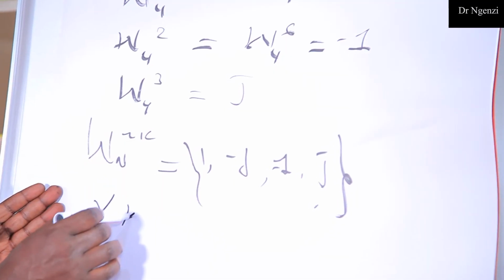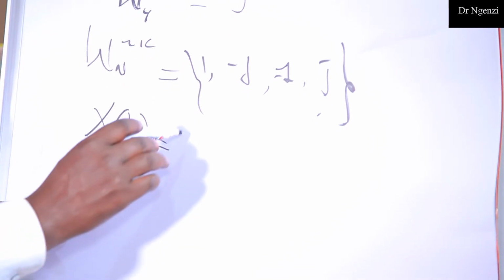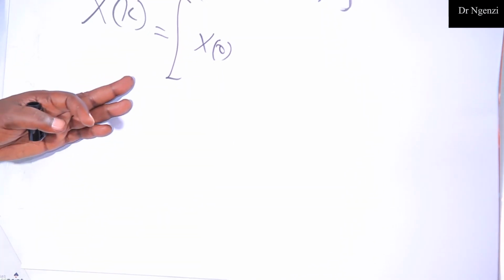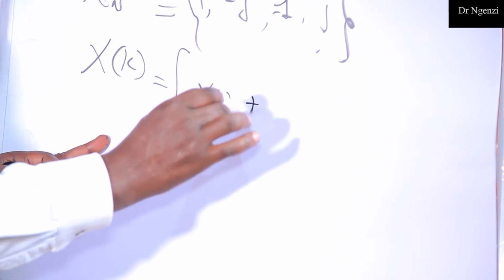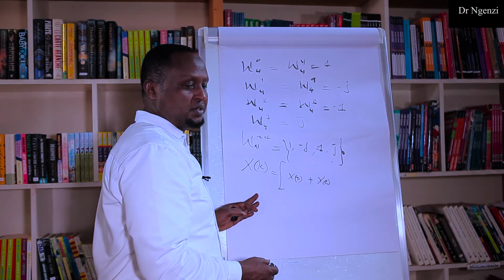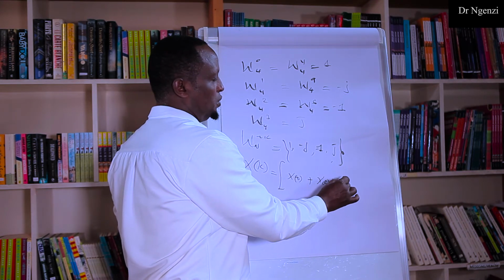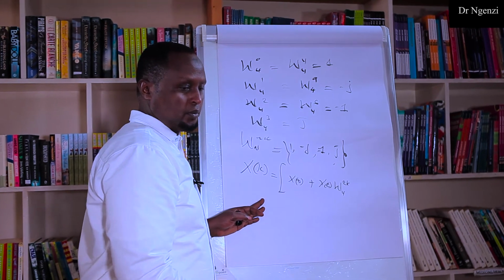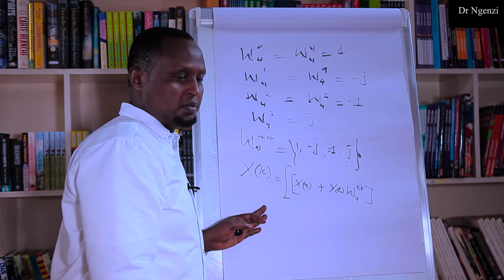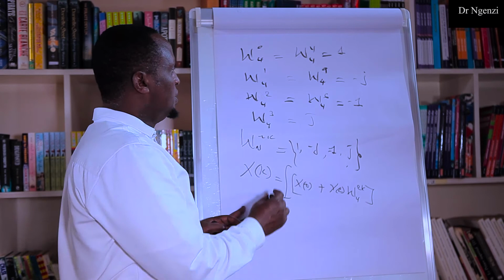x of k in this case is going to be, for example, the x at 0, remember, plus, we are choosing x at 2, that is the even numbers first, where we have w of 4, 2k, for example. This is even. If you make this one an even value, then you can have the following.